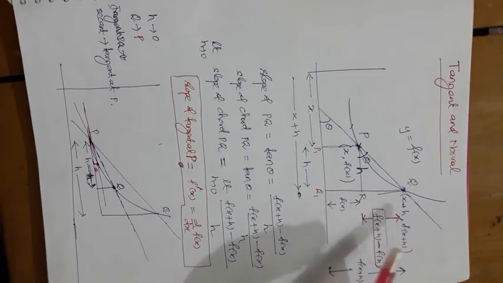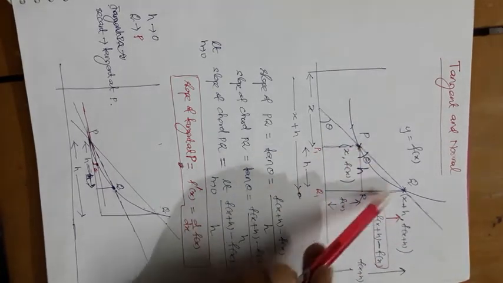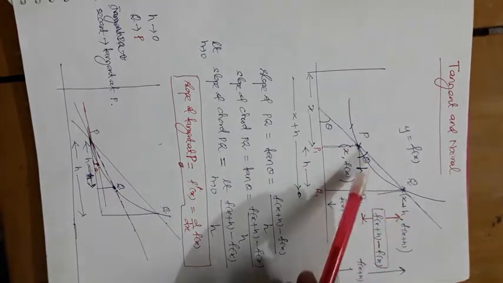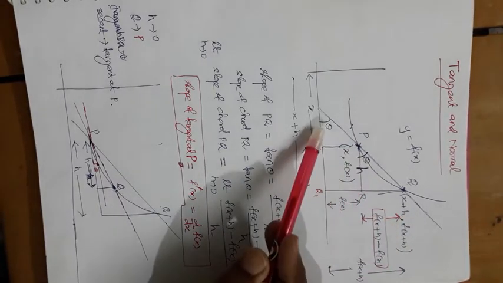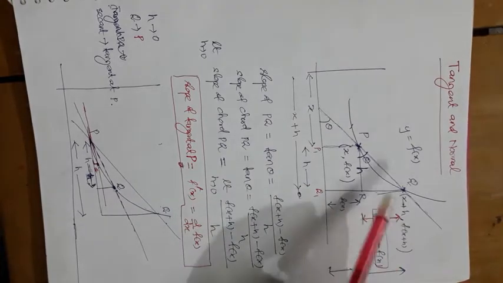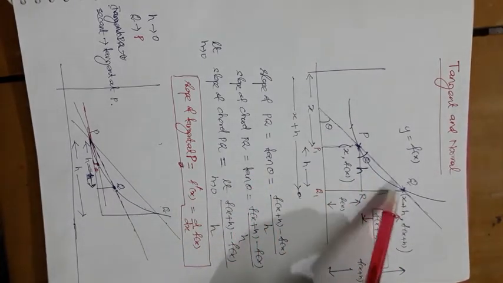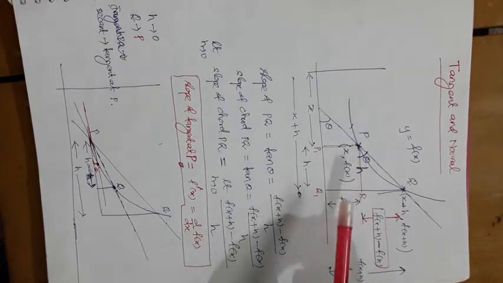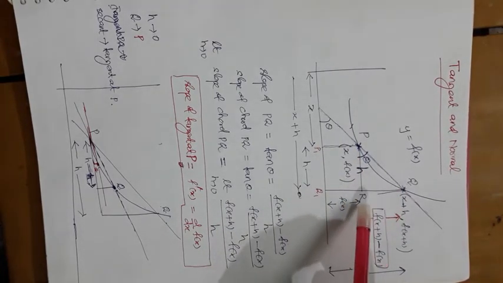Now consider a triangle, PQR. It is a right angle triangle. This is the angle theta, and this is also the angle theta. Now tan theta is what? Tan theta is QR by PR. What is QR?